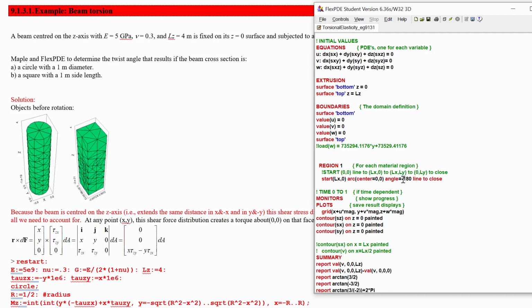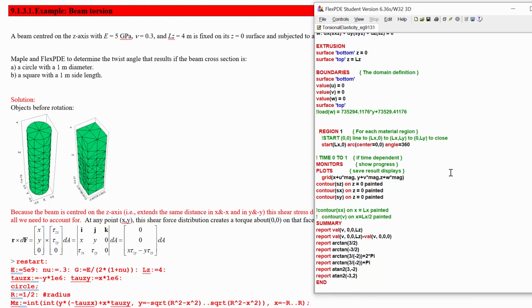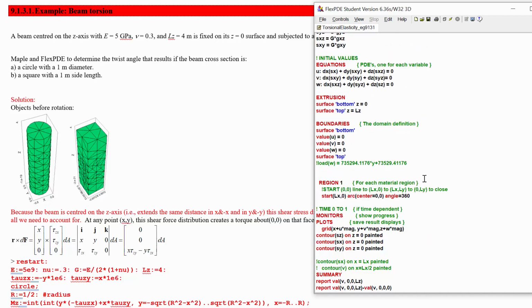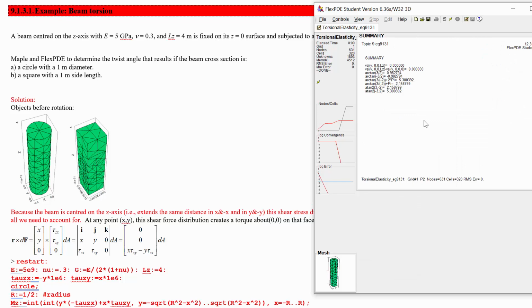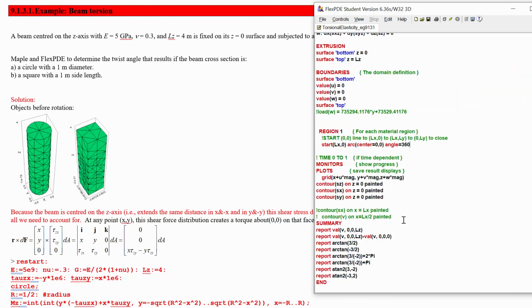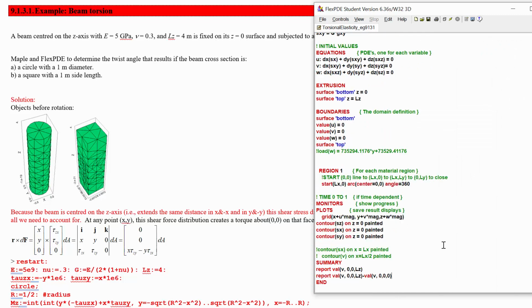Oh, this wasn't a complete circle. Let's go, angle is 360 degrees, and now we should be getting that complete circle. Right, we took away the weight, so now there's no stress making this move at all. We've got just no actual displacement. Still doing those arctan calculations we were doing at the end. We don't need that.